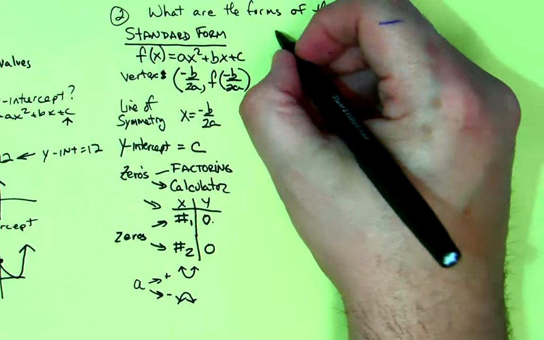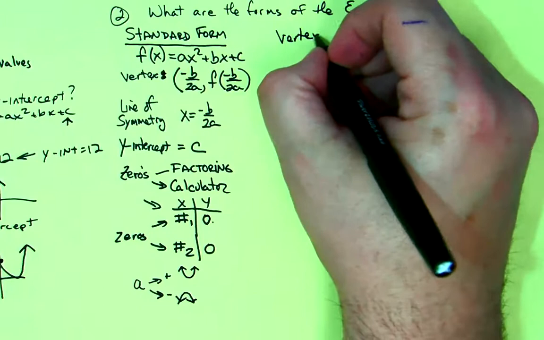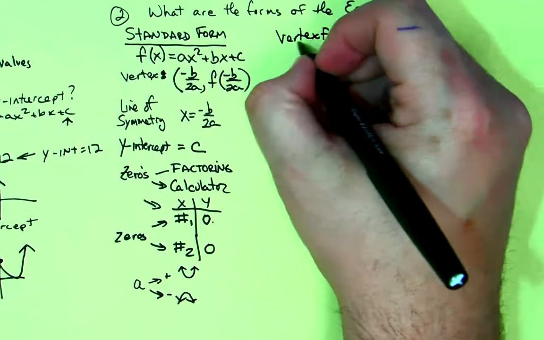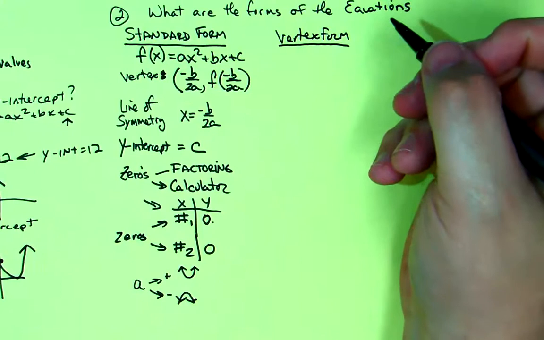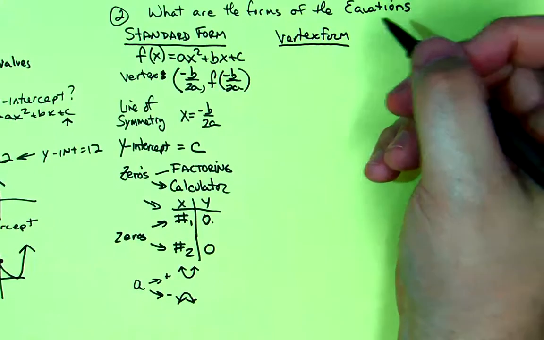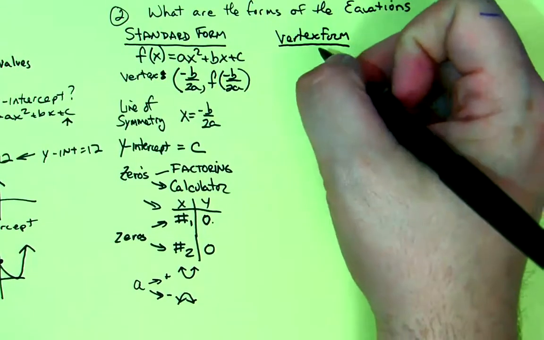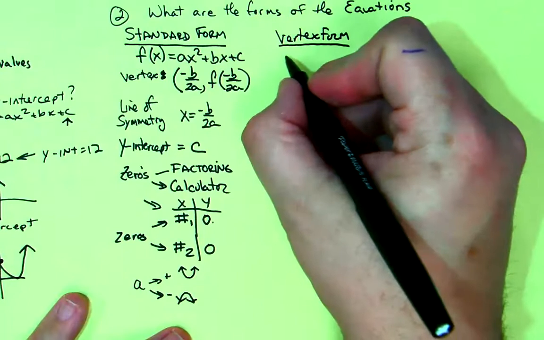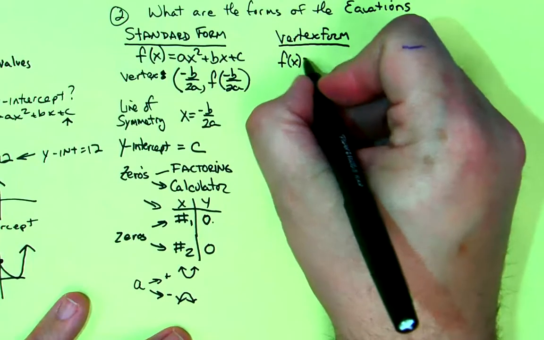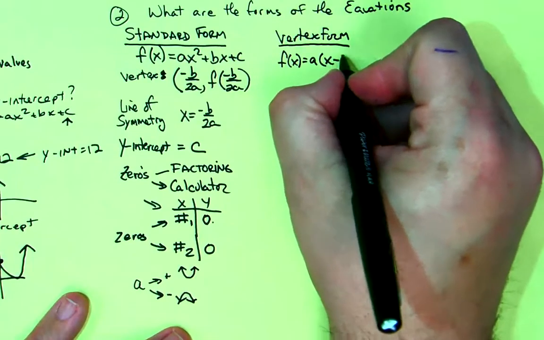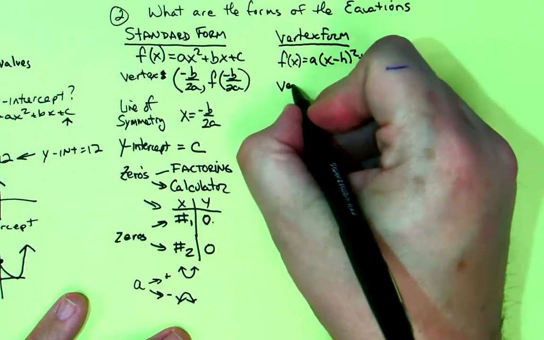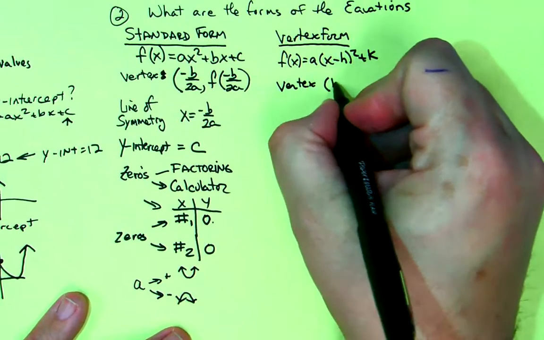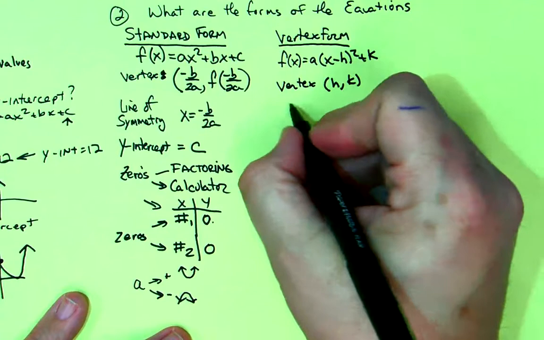Now you have vertex form, which we can get from standard form by what we call completing the square. We are going to talk more about completing the square a little bit later. Vertex form: f of x is equal to a times x minus h squared plus k. Your vertex is at h, k.